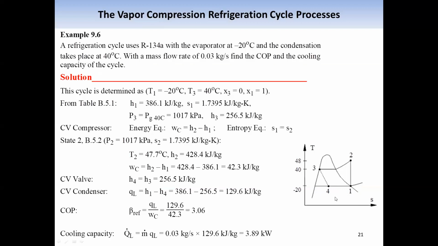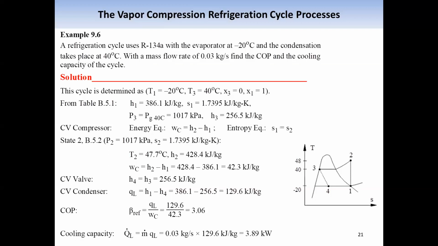So again, we can start the analysis from the compressor, state 1. Since the temperature is given, we know the pressure, so the state is fully given, including enthalpy and entropy. From state 1 to state 2, it's an isentropic process. So it's a vertical line up.